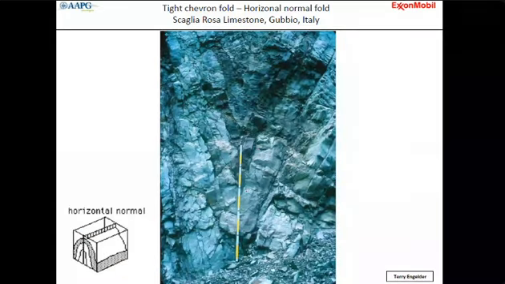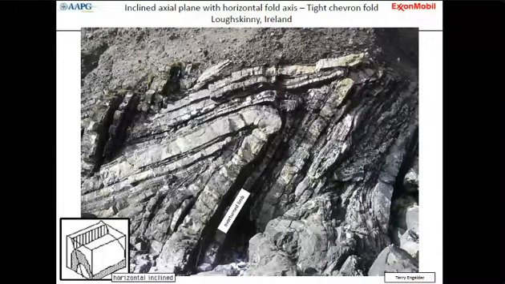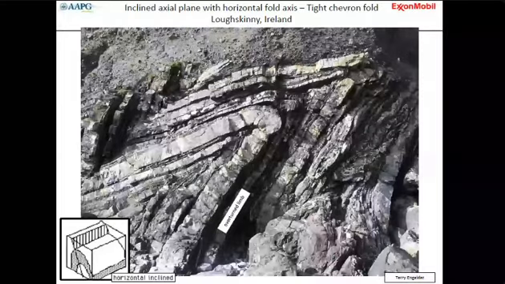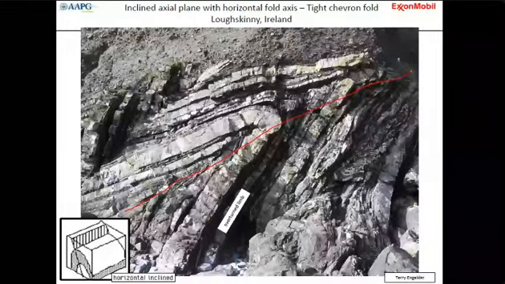Axial plane is vertical, and the hinge line, although we can't see it on the outcrop, we assume that it is horizontal. For this example, the axial plane is inclined. You can put in a drawing here for the axial plane.